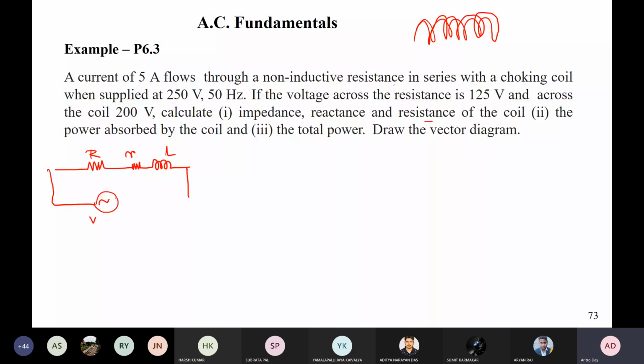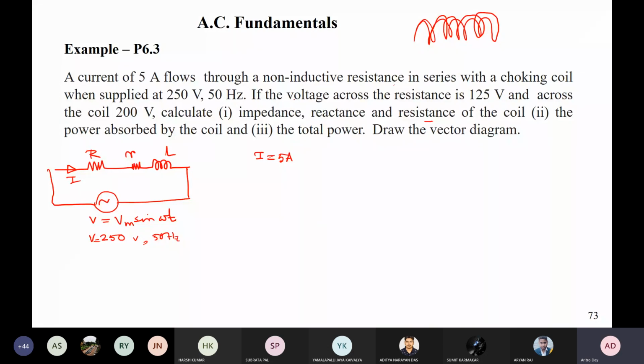V is equal to Vm sine omega t, which is equal to 250 volt RMS value, 50 hertz. So what is given? It is given that current equals 5 ampere.